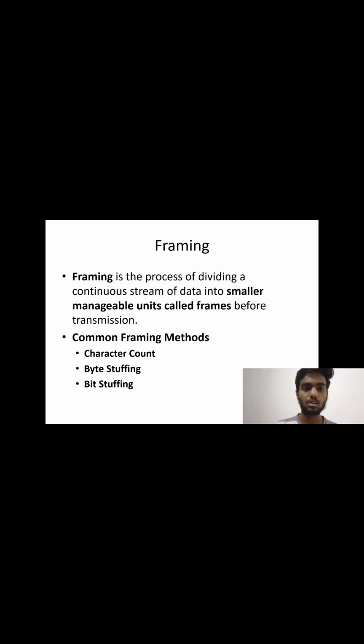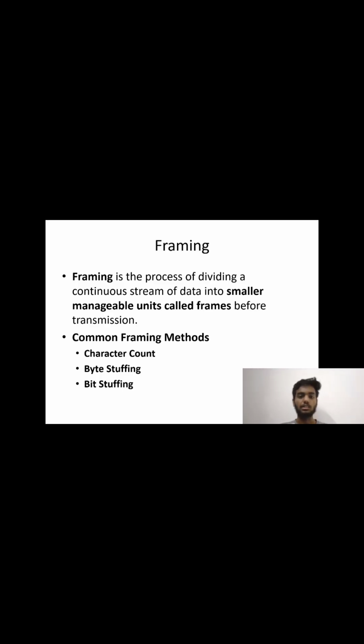Before getting into the topic Noiseless Channel Protocol, let's review some basic concepts of the data link layer. One of the basic concepts is framing. Framing is the process of dividing a continuous stream of data into manageable units called frames.